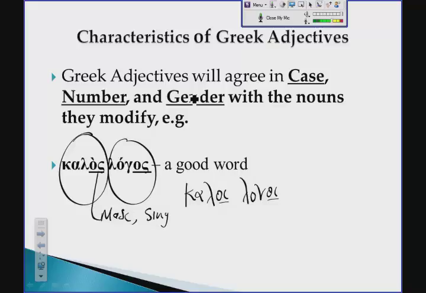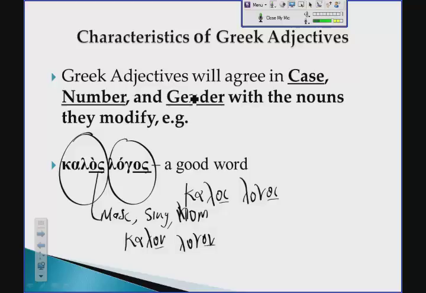And then what is the case here? If you look at that ending, it's nominative. Your nominative, that os ending. The on ending, if it's direct object, you would have kalon logon. Look at that.